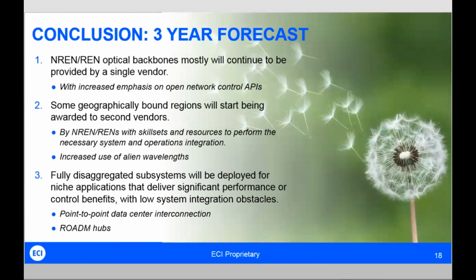Because obviously, if one NREN is offering one set of services and another NREN is offering a different set of services, how do they integrate across the NRENs and presumably with GÉANT in the middle of that as well? That's always been one of our major bugbears in the NREN world. So do you believe that open optical networking will help this, or will it actually add another layer of complexity, Jonathan?